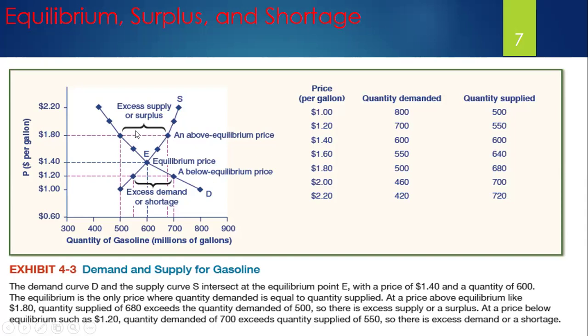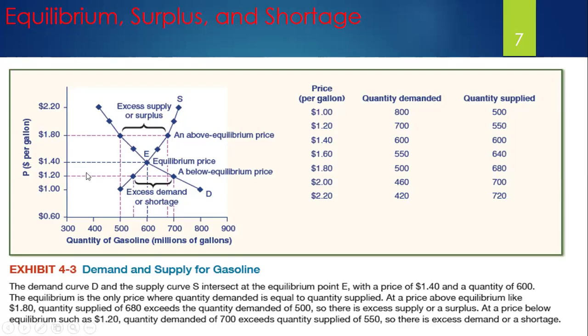Supply more than the market needs. 680 units are supplied while the market needs only 500 units. So this gap here is the surplus. This happens when the price goes above the equilibrium price, from $1.40 up to $1.80.